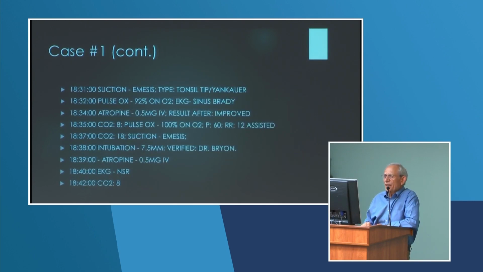Then 92% O2, atropine was given, pulse ox 100, atropine given again after intubation, CO2 was 8. If there was a waveform present and it was 8, we were considerably low on cellular activity at that point.